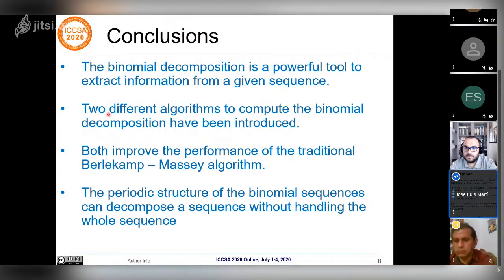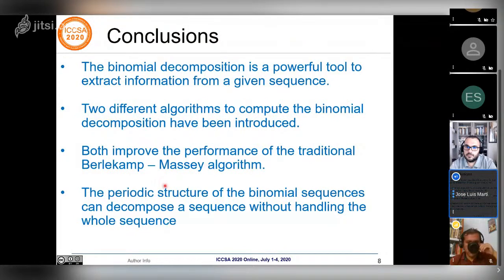We have seen two different algorithms to compute the binomial decomposition. The first one computes all the binomial decomposition. The second one only searches for the maximum binomial sequences, but with better performance. Both algorithms improve the performance of the traditional Berlekamp-Massey algorithm, which is the de facto algorithm for computing linear complexity of binary sequences.